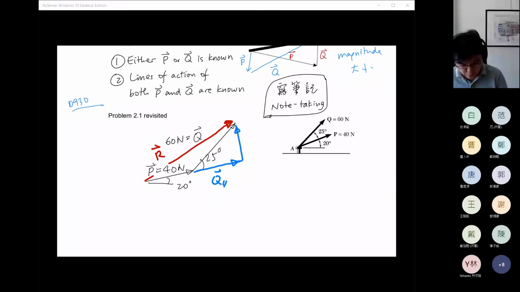Of course, these two are perpendicular to each other. Perpendicular is this one, and parallel is this one.